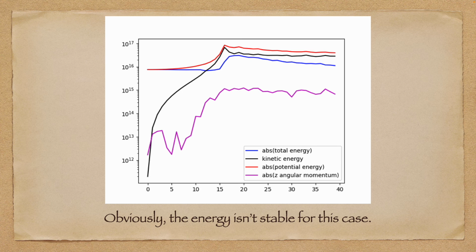The potential energy is always negative, and the kinetic energy is 0 at the beginning since all particles are stationary, and the total energy is the kinetic energy plus the potential energy. So in this case, the total energy is always negative, and the angular momentum is very unstable.